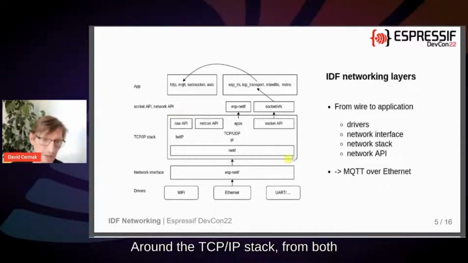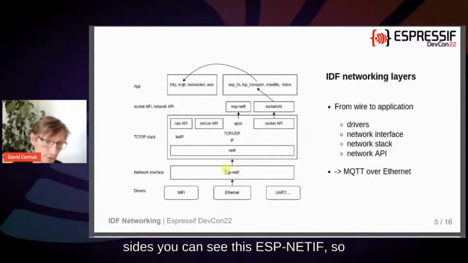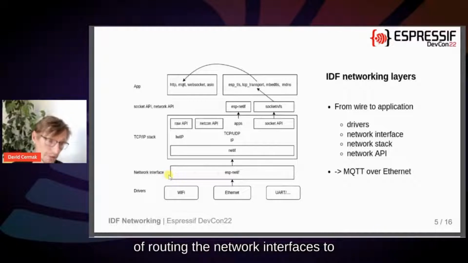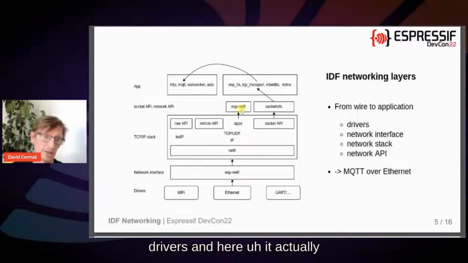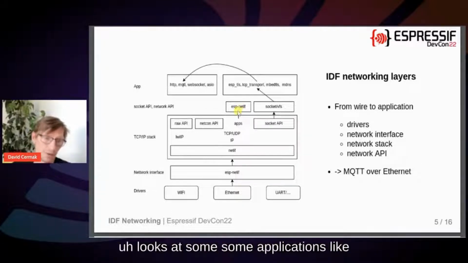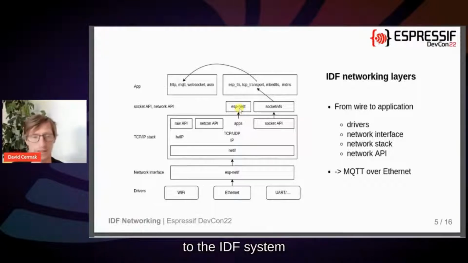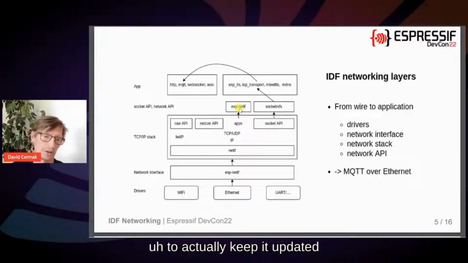Around the TCP/IP stack, from both sides, you can see this ESP-NetIF. The ESP-NetIF layer here takes care of routing the network interfaces to drivers, and here it also looks at applications like DHCP server, DHCP client, DNS, and talks to the IDF system to keep it updated and current.